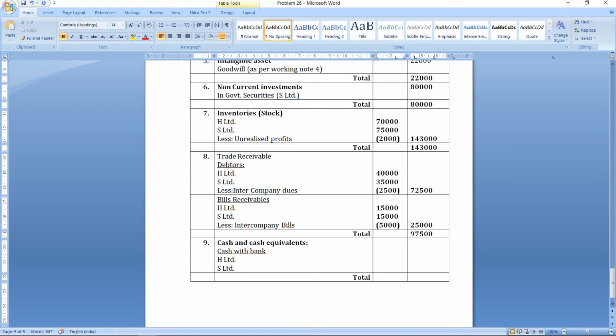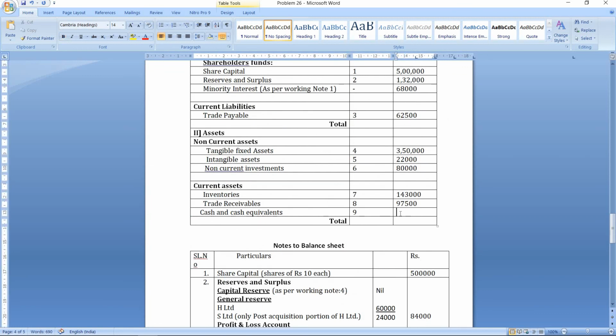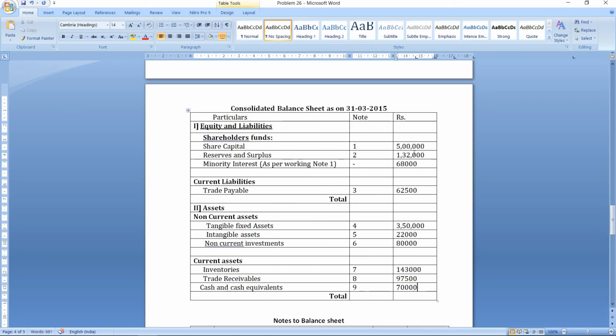Cash of H Limited is 45,000 and that of S Limited it is 25,000. So total 70,000 will be shown in the balance sheet. So note number 9, amount is 70,000. So we are done with all the items of assets and liabilities.